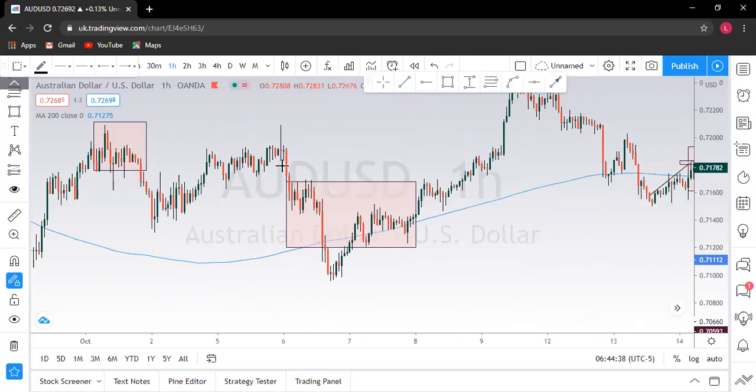Look at this two. This came here to form what? A lower low, then went up to form what?